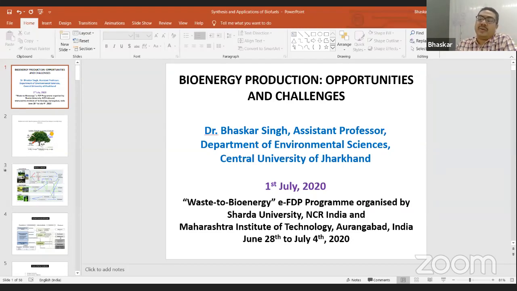Biogas is more popular because bioethanol and biodiesel have come up very recently, and the structure which we call the dome structure was established way back when our country got independence. So we already have a structure, and from there we can have a waste product. We can use cow dung, and we can use human excreta also. And the process is a bit simpler.